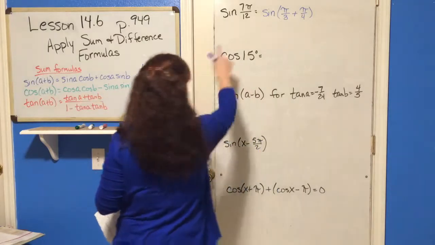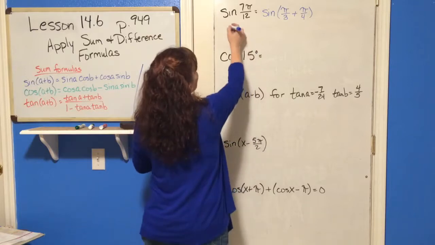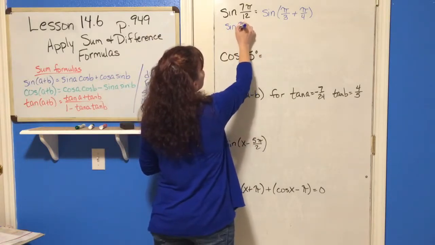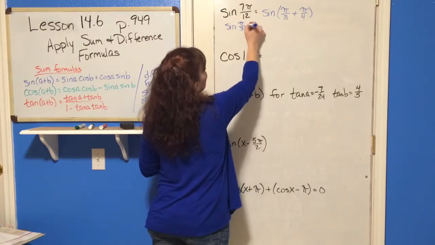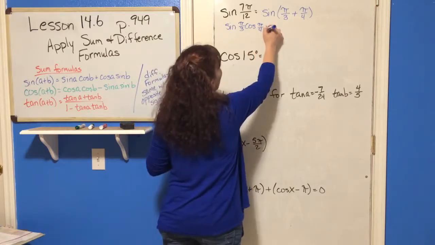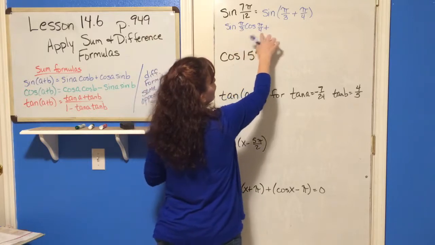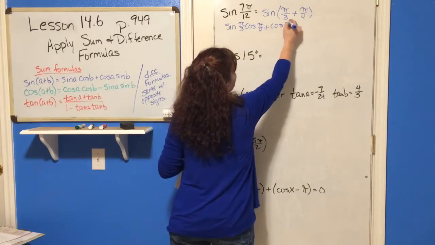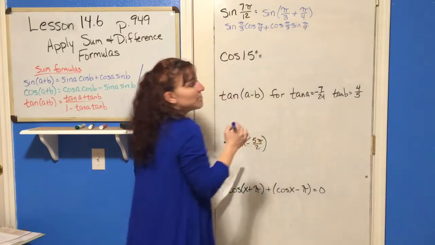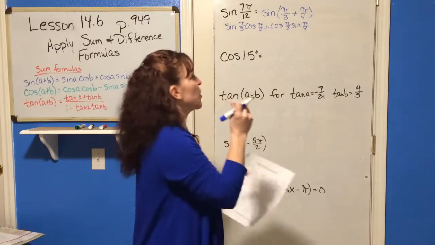This is a sine function, so sine of a plus b is going to be sine of a, which is pi over 3, times cosine b, which is pi over 4, and to that we're going to add, and now we do the opposite, the cosine of the first one and the sine of the second one. So cosine of pi over 3, sine of pi over 4.